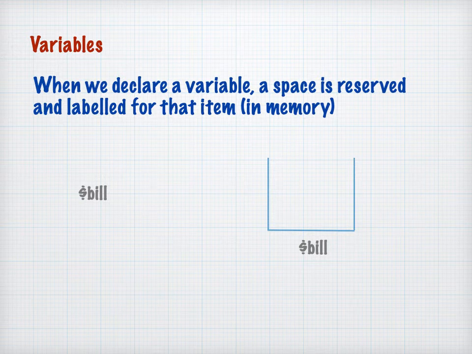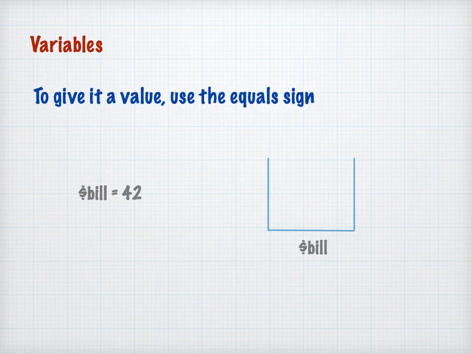Again, you can think of it as if it was a cell in a spreadsheet. To give it a value, we simply use the equal sign and then supply the value. In this example, we've got a box called $bill and we're going to give it the value 42, and all that PHP does is write that value 42 into the box, just like that.